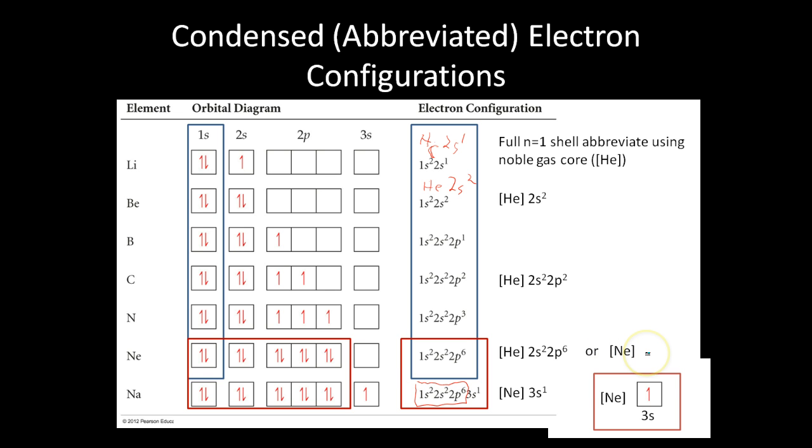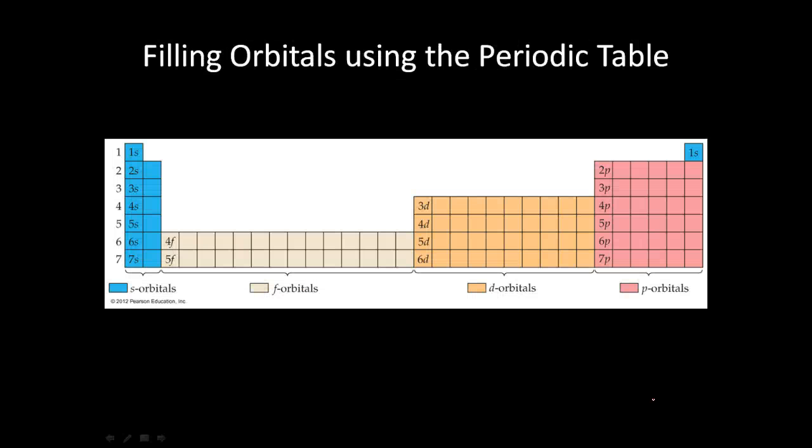For the orbital diagram, I can say neon, then the 3s up. This is basically the same thing I have here for the orbital diagram, except this entire thing is abbreviated with just neon in brackets, and then I just have this last box here with the 3s. So abbreviated or condensed electron configurations and orbital diagrams are of huge benefit.